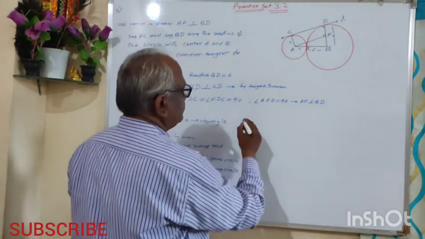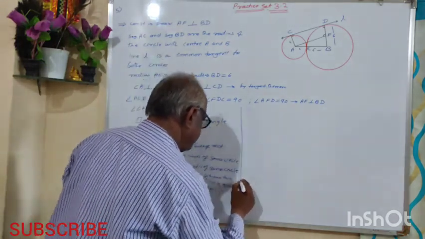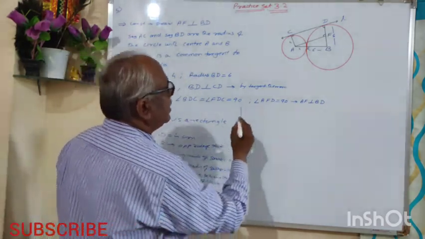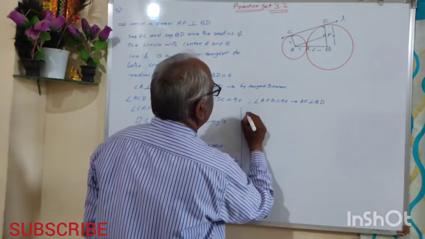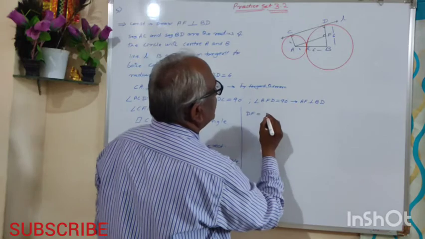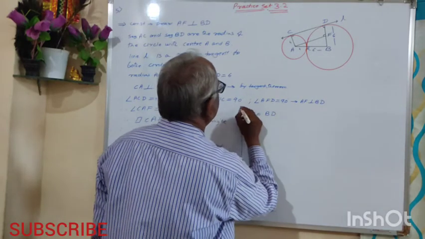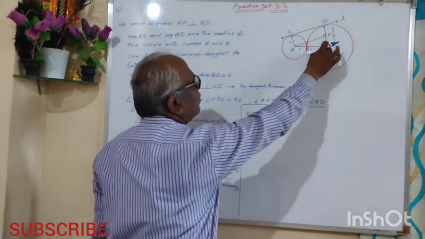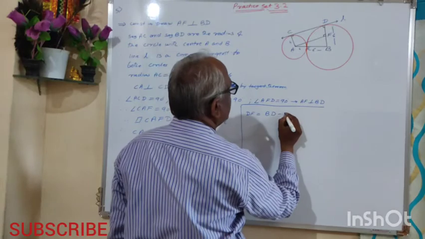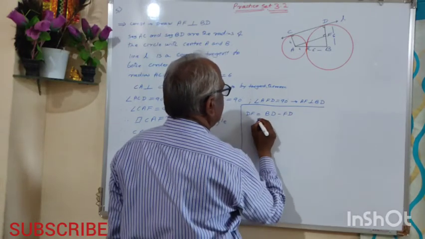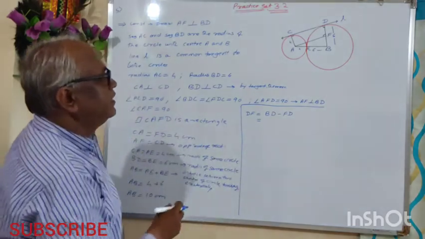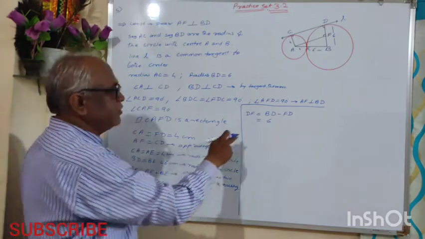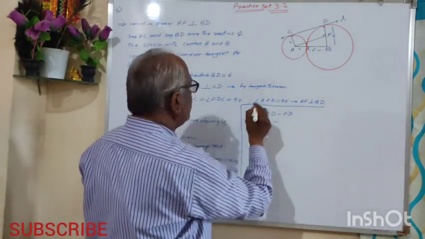Now DF is equal to BD minus FD. BD, that is 6, radius of the same circle, minus FD.